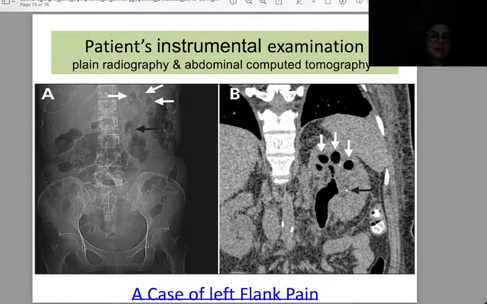Here you see plain radiography with abdominal computer X-ray. And here you see a left flank, and the arrows show a very widened structure of the kidney. It is a patient with left hydronephrosis.